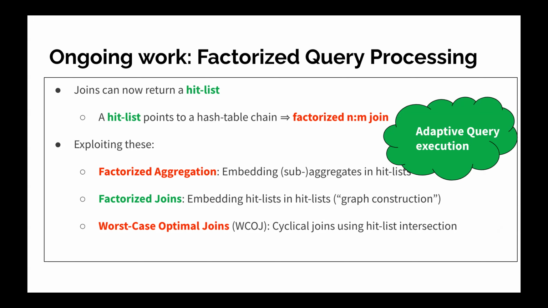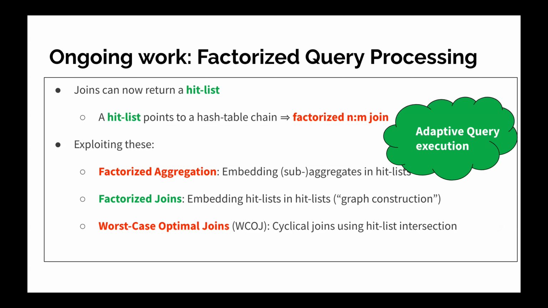And one of the biggest challenges in these factorized and worst-case optimal join systems is knowing when to deploy these algorithms and when not. And this is maybe even the hardest problem of all. So our idea here is to delay the decisions until the hash tables have been built.